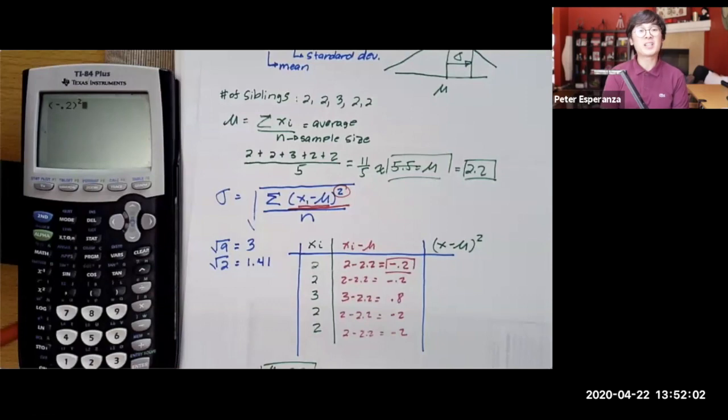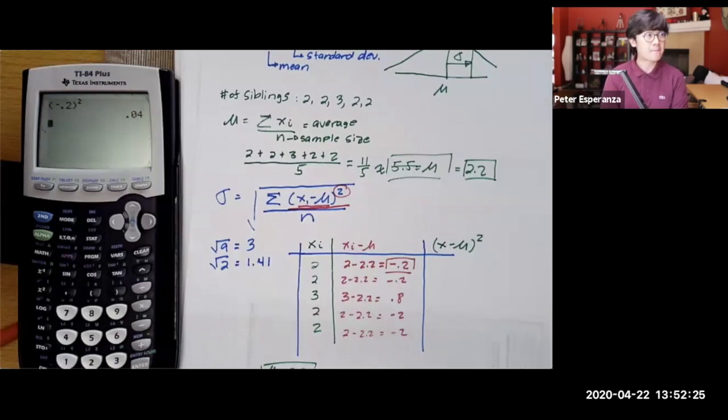So I need to put it in parentheses, because if it's not in the parentheses, it's going to give me the wrong value, because we know that negative times negative is going to be positive. So the reason why you have the square value in your formula is to make sure that all your values here will be positive. So negative 0.2 squared is positive 0.04.